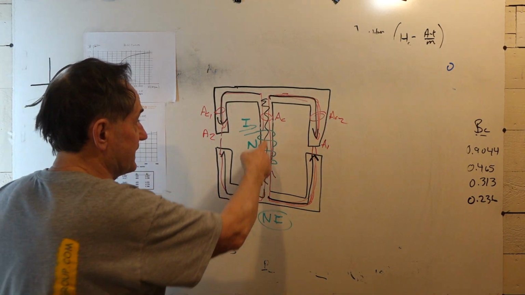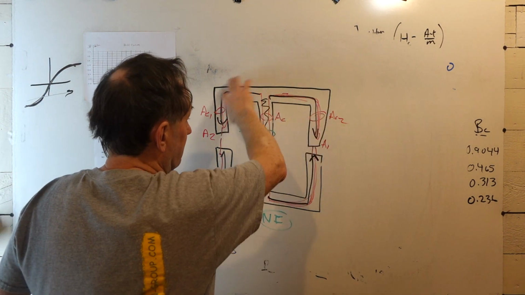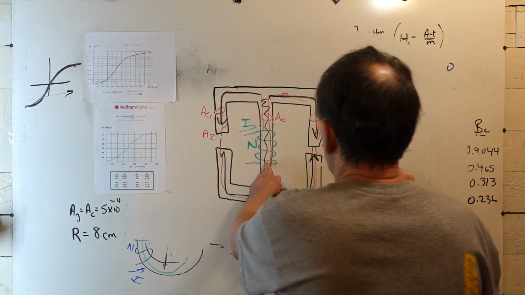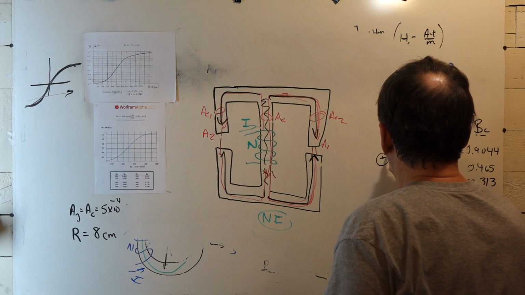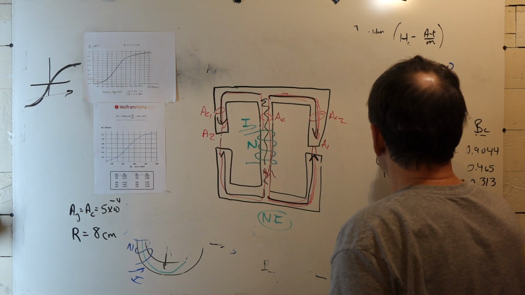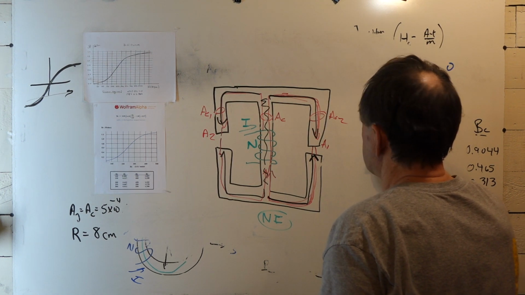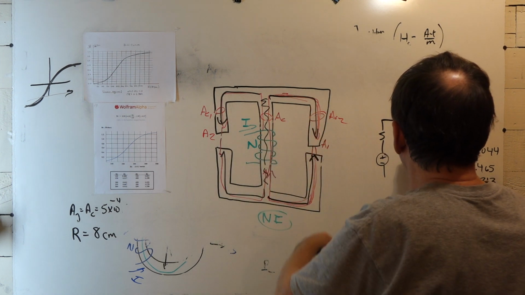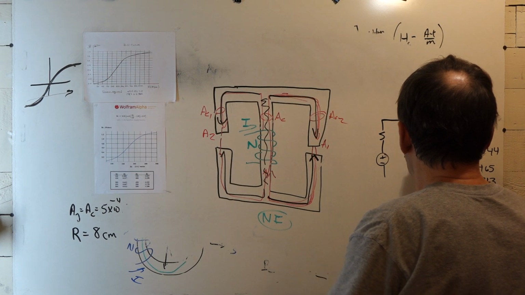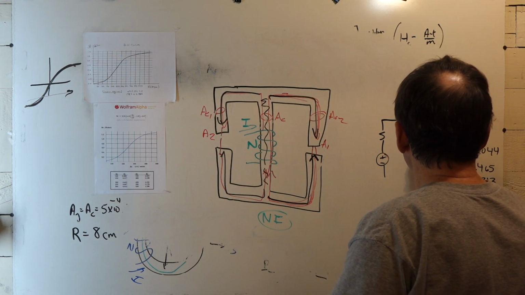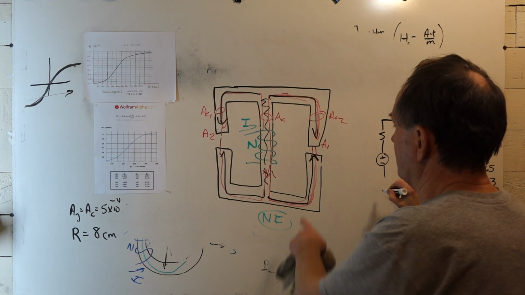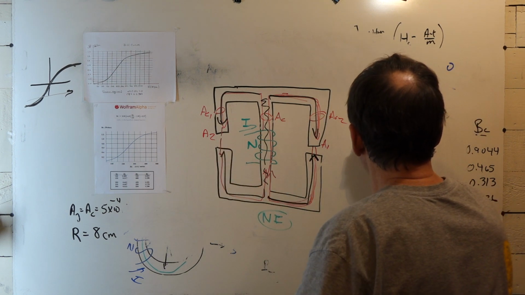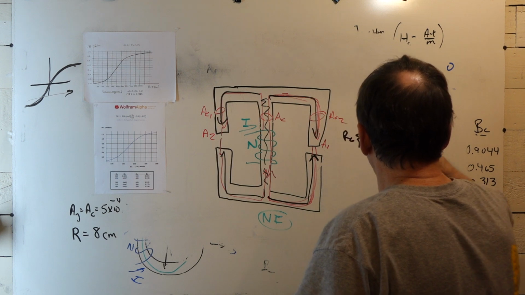So the flux in the center, you essentially have a parallel circuit here. Electrically, what this would look like is you'd have a voltage source, a resistance, and then there's a resistance here in the core, a resistance in the gap, and then another resistance in the core here, and then coming this way you have a resistance in the core.